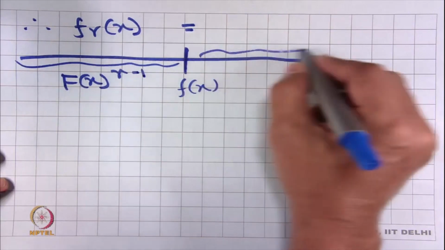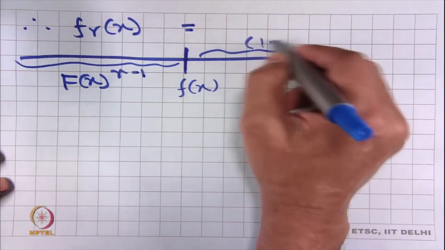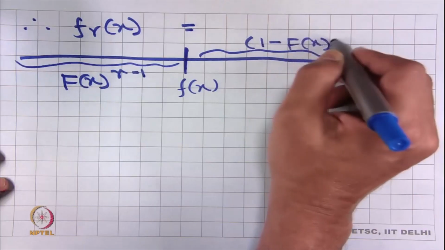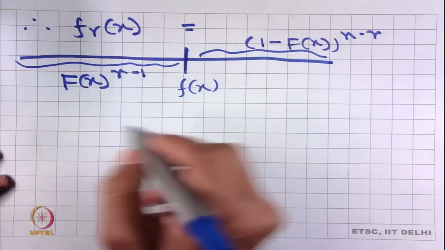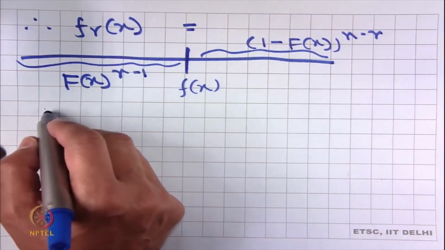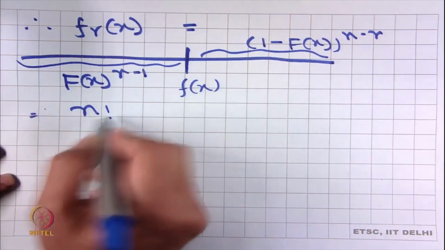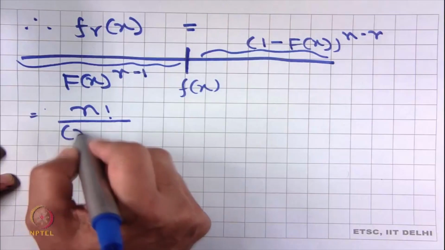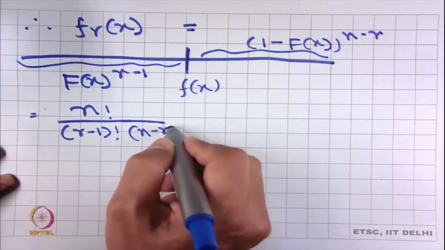In this part there are n minus r, so that is giving me [1 minus F(x)] whole to the power n minus r, and the whole thing will be multiplied by the constant, which is factorial n upon factorial r minus 1 into factorial n minus r.